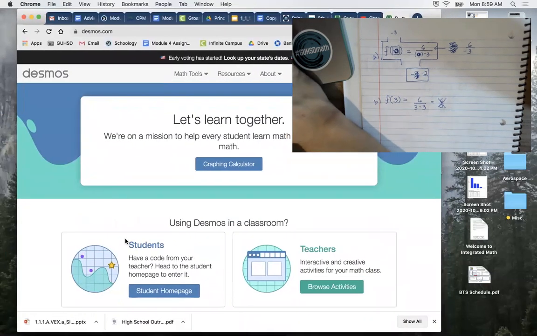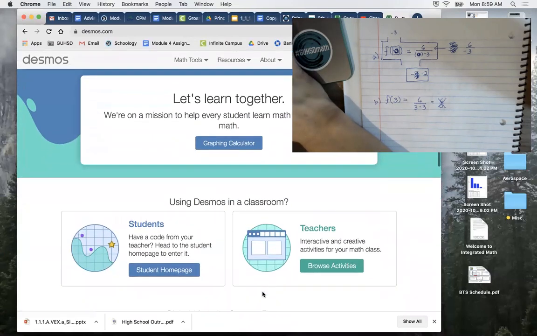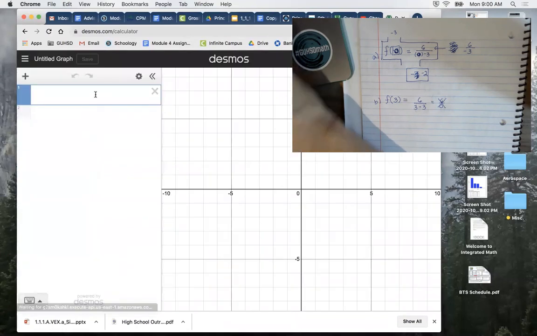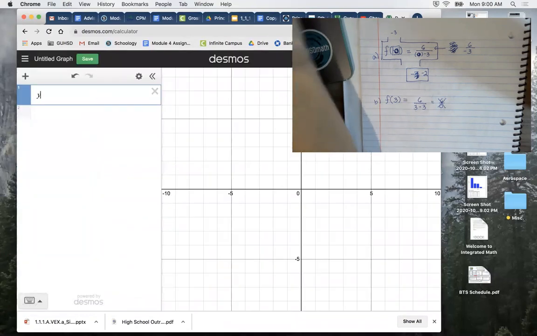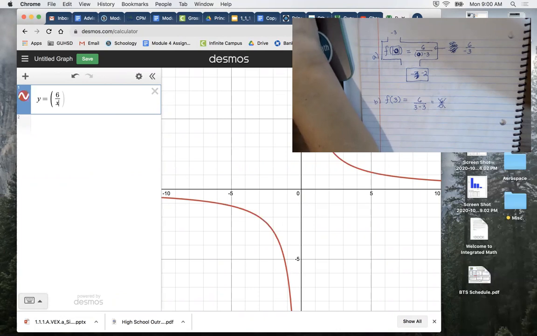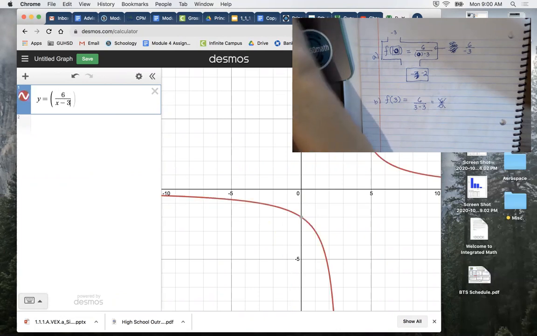Let's go to the graphing calculator. They changed the interface a tiny bit. Okay, I'm going to show you guys if I graph y equals, and then parentheses, 6 divided by x minus 3.